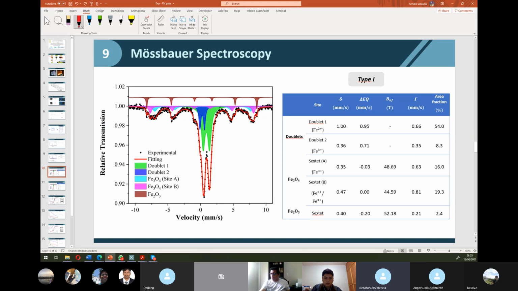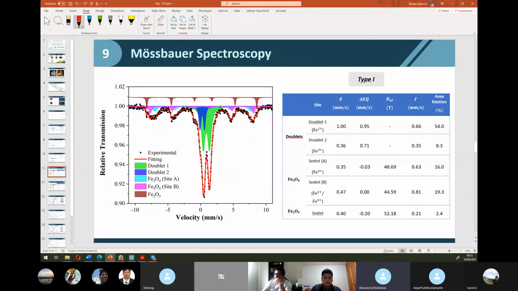And in magnetite, we have two sextets, side A, the first with iron 3 plus, and another with iron 2 plus, with hyperfine fields of 48.69 Tesla and 44.59 Tesla.